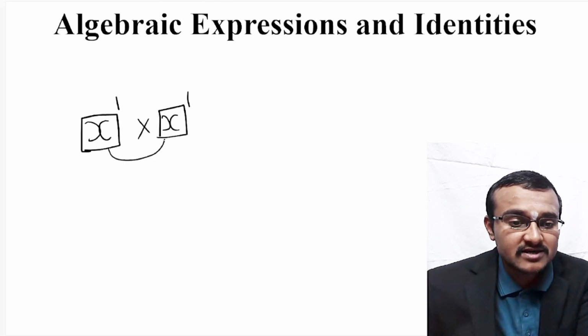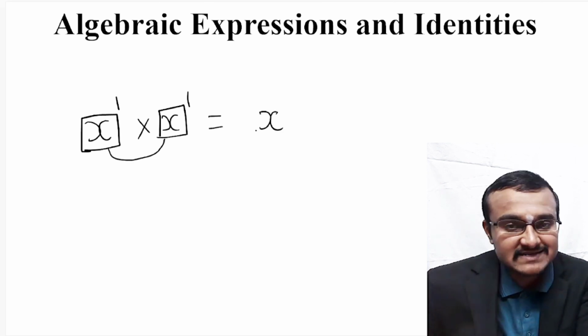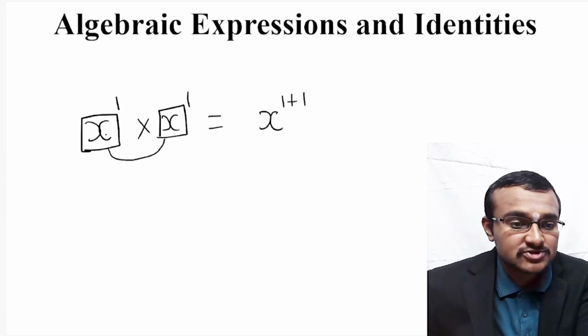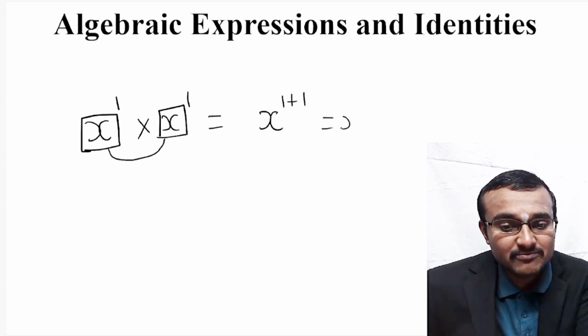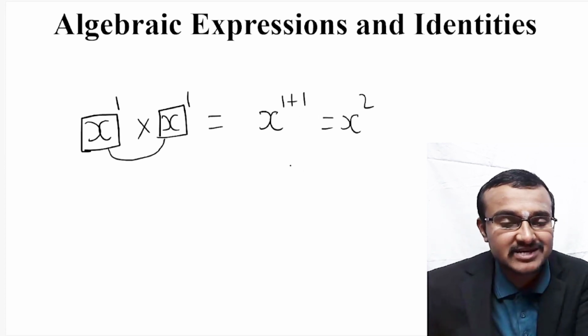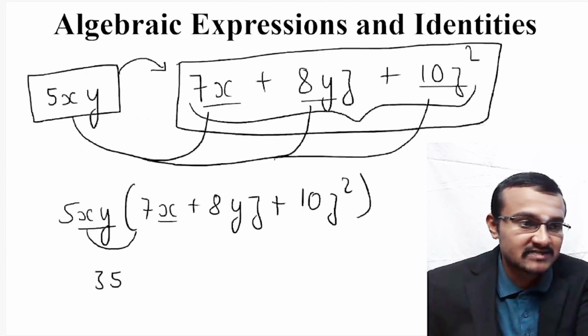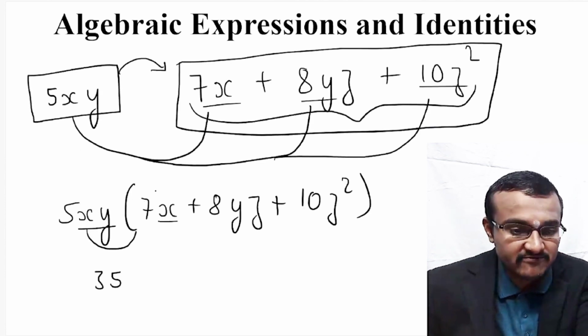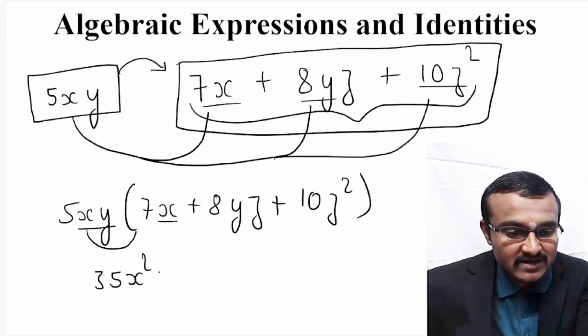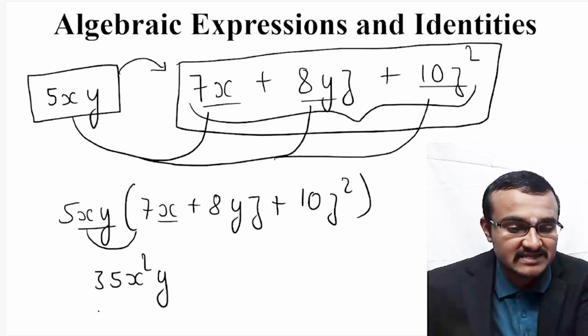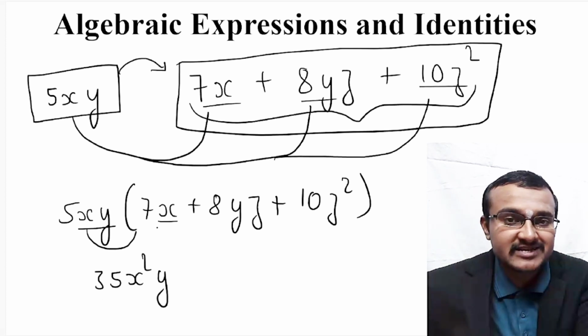Here both the terms have the same base with different powers or same powers. So take the base as common, add the powers. So x into x will be x power 1 plus 1, which is x power 2, that is x square. You can refer to my previous video for that. So x into x will be x square and y is also there, so you should multiply y as well. So 5xy into 7x will be 35x square y.